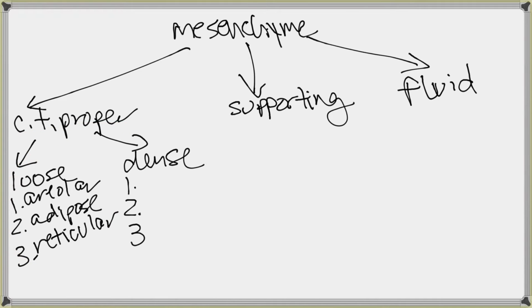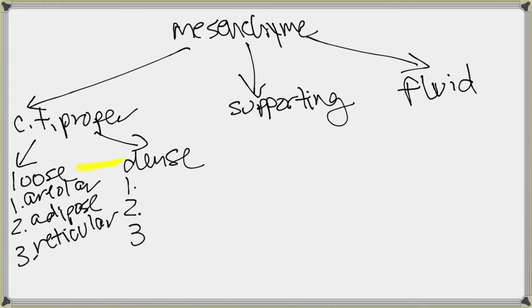Hopefully you remember what makes the tissues loose versus dense. Hopefully you remember that it's primarily how many fibers are packing the matrix. So now we're about to move to the dense connective tissues proper, and there are going to be three of those as well. Okay, so let's start looking at those.